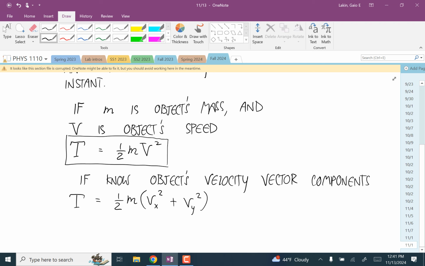Okay, so that's just the relationship between the velocity and the speed, really.